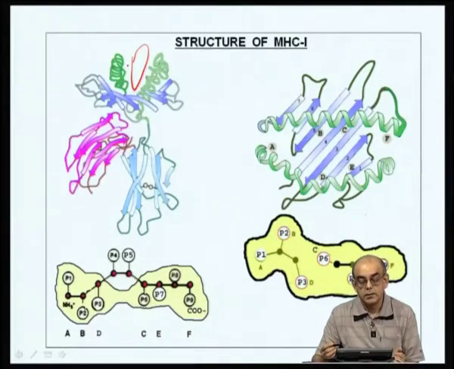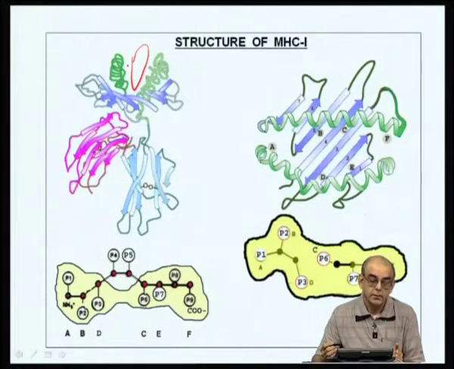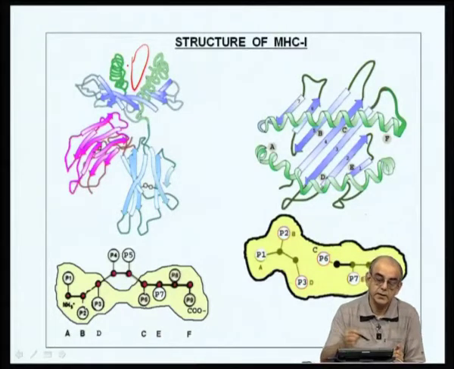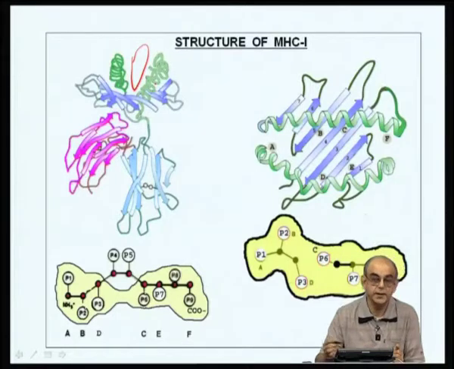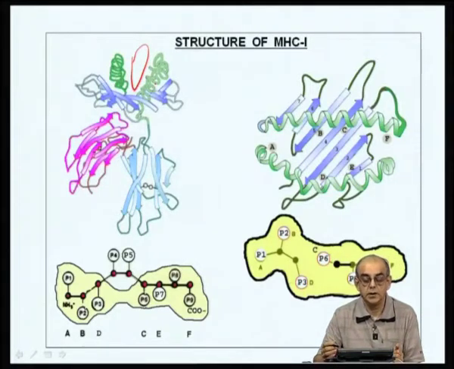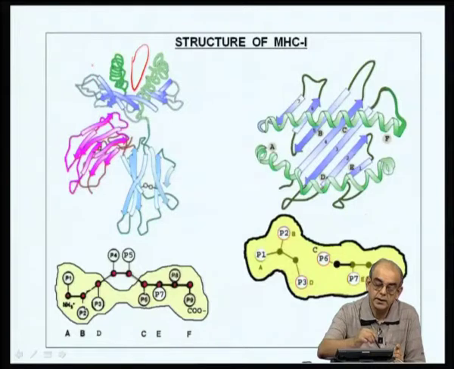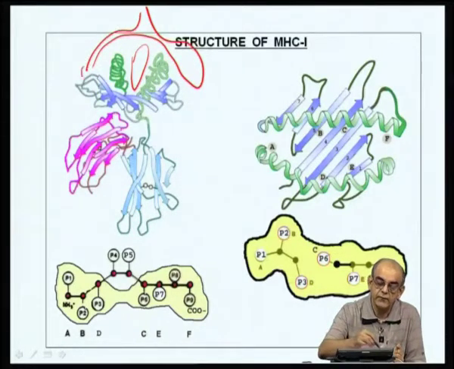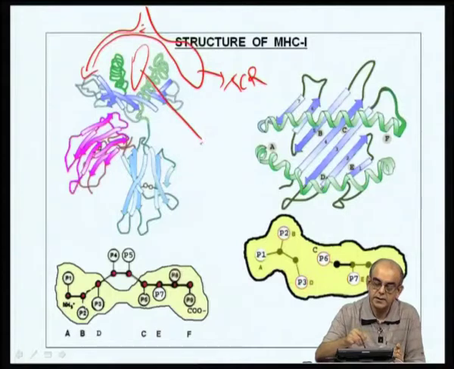And to make the future classes a little easier in concept, the T cell receptor, which is supposed to recognize this peptide that is associated with the class 1 or the class 2 molecule, comes and recognizes in this fashion. This is the T cell receptor, and this is the antigenic peptide.